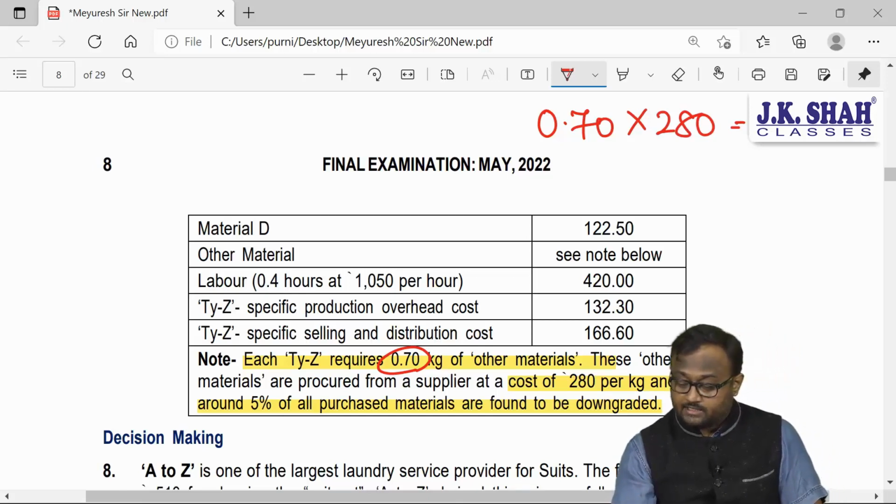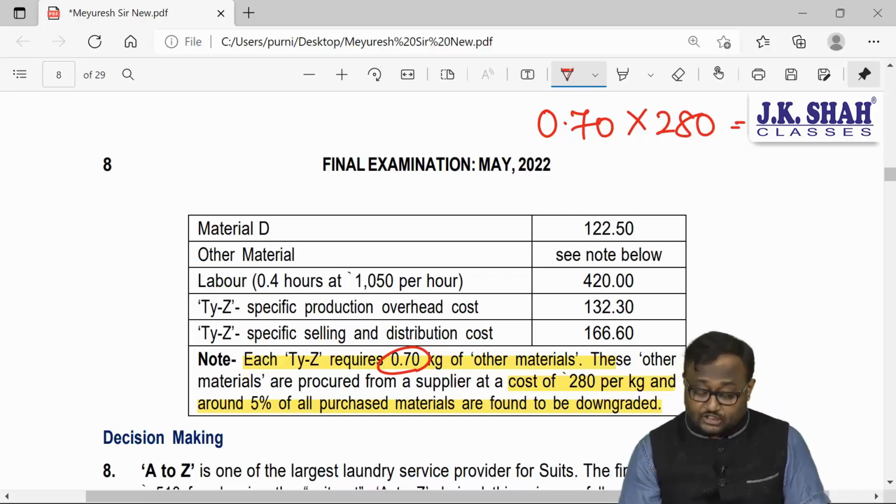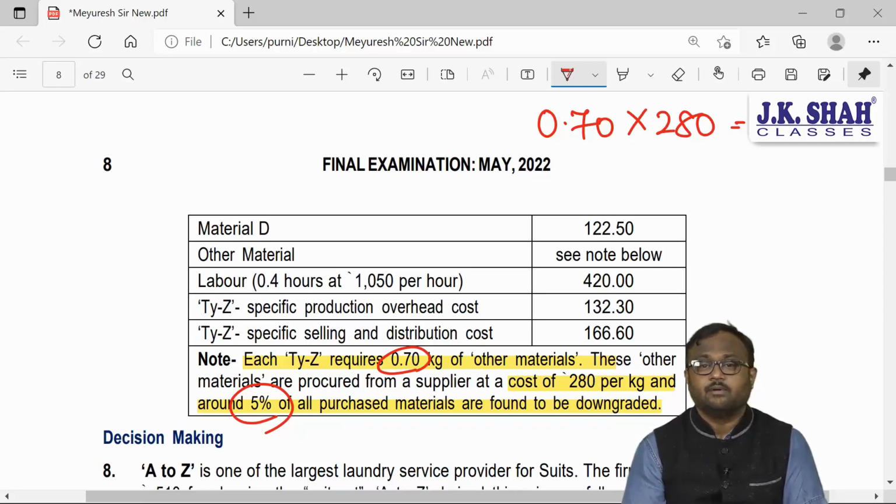0.70 needs to be consumed at 280. So 196 is the cost of material consumed, but please make sure that you are buying 100 if you are going to use 95, because 5% of purchase will be lost. So if you want 95 to be consumed, please buy 100. That means if I want to consume 95, I will have to pay for 100.